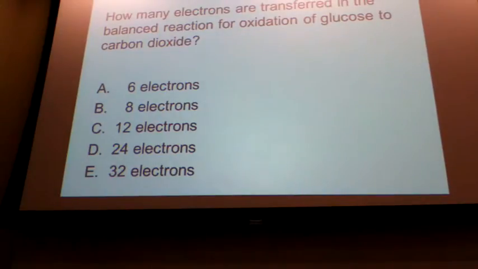Let's start with the other one. To balance oxygen, what do I add? Okay. To balance hydrogen, you add protons, right? To balance oxygen, you add water. Remember doing that? Give it a try, and then we'll write it out.